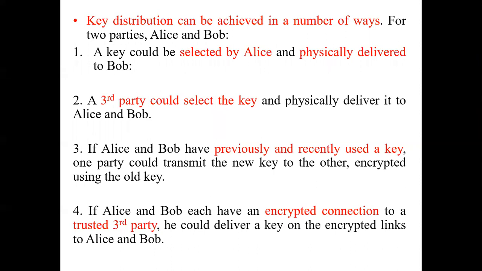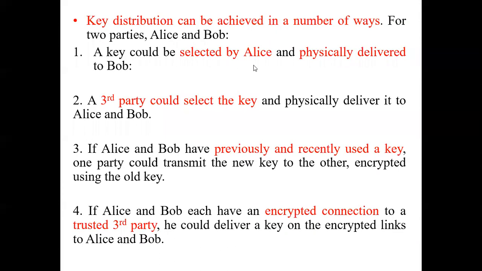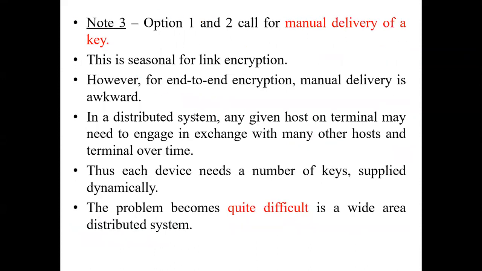In such a way, in the four ways, the key can be distributed by the source and destination. So let us see here. The options 1 and 2 call for manual delivery of a key. If you choose 1 and 2, it is a manual delivery of a key.